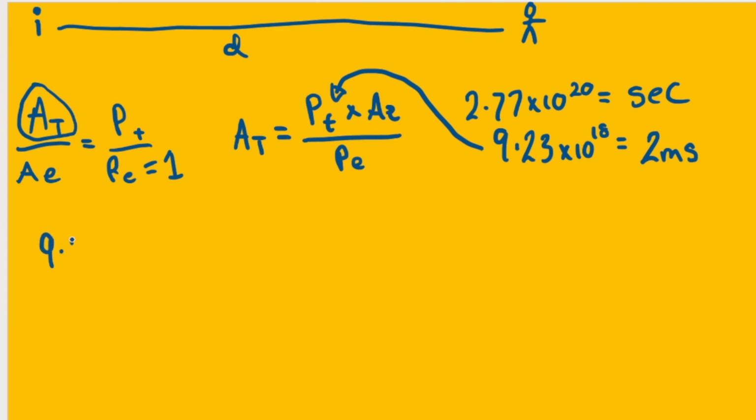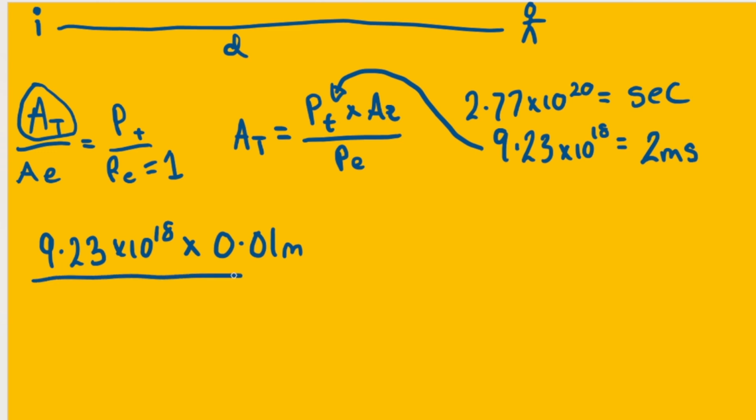So 9.23 times 10 to the 18, which is the total amount of photons every 30th of a second, times by the area of the eye. Now the area of the eye stays the same, and we said it was 0.01 of a meter. You originally said it was 10 millimeters, which we just converted. And so now we have the photons that hit the eye. Well, we know that wants to be 1, doesn't it? Because we want to know the distance where one photon hits the eye.